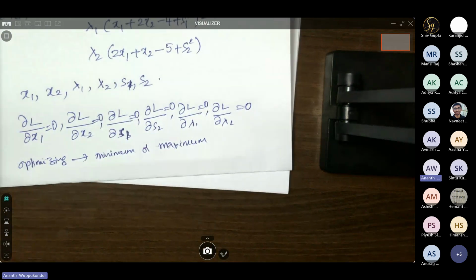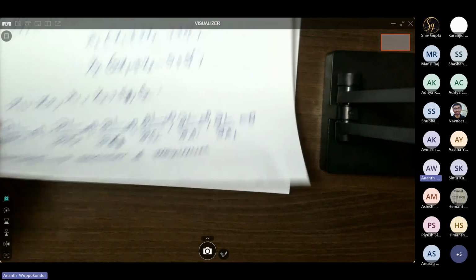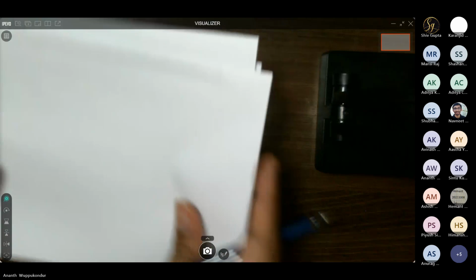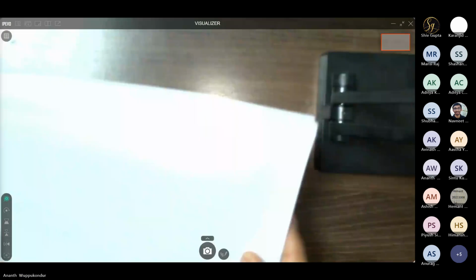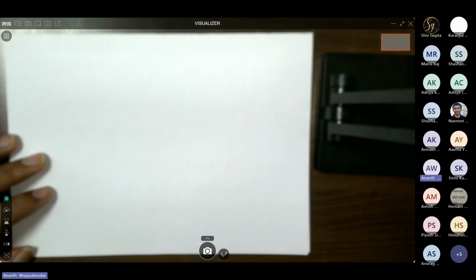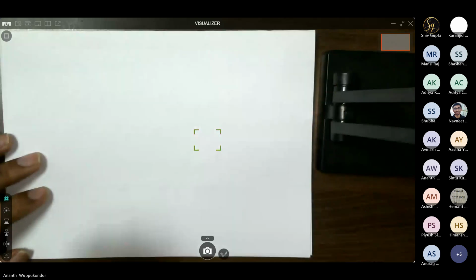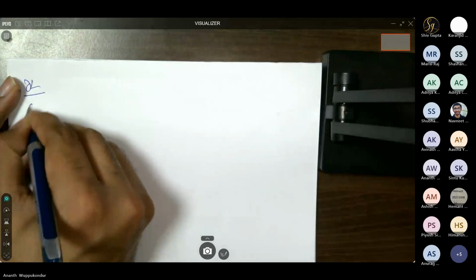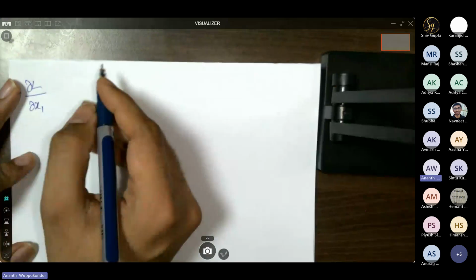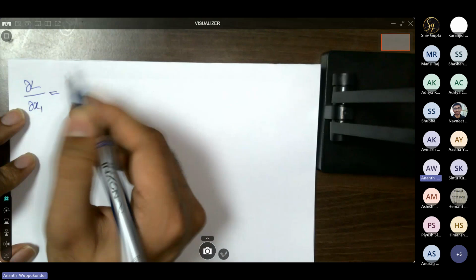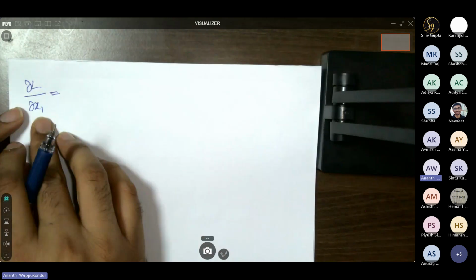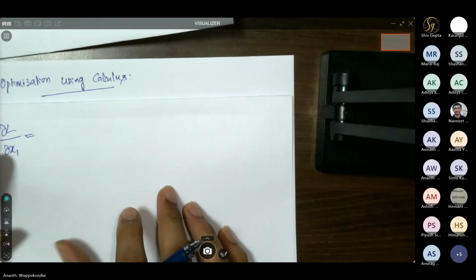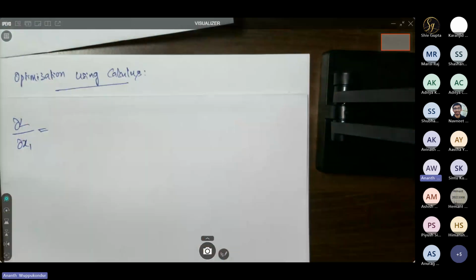So let us try that. First I'm differentiating the Lagrangian with respect to x1. What do you get for this?